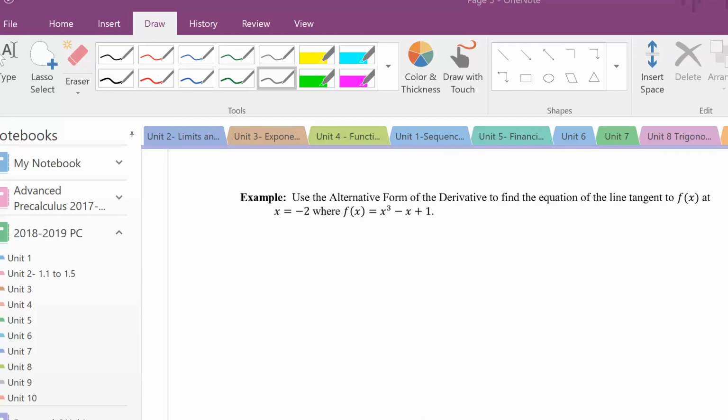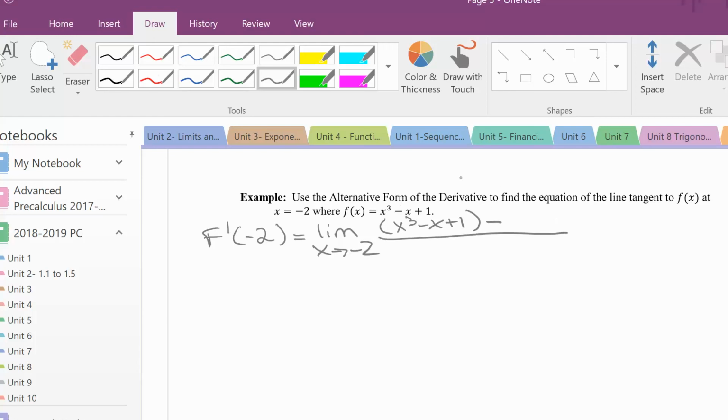So for example, the alternative form of the derivative to find the equation of a tangent line at x equals -2. If I just knew one specific point, instead of finding the derivative of the whole function, I could say f prime of -2 is equal to the limit as x approaches -2 of f of x, which is x to the third minus x plus 1, minus f of -2.